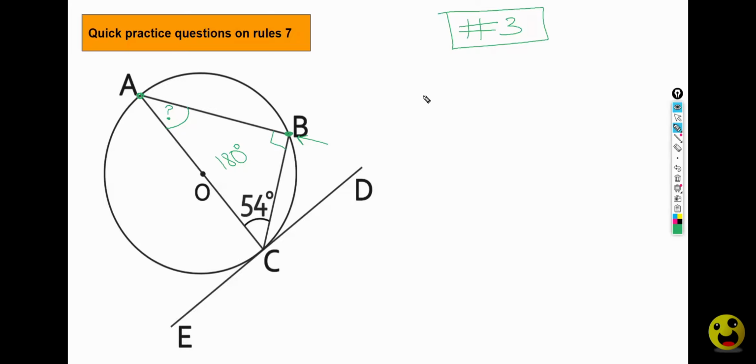So to find angle A, you take the 90 and add it to 54. 90 plus 54 is 144 degrees. To get the remaining angle, you subtract the 144 from 180. You get 36 degrees. How many people were able to get to the 36 degrees over here? Raise your hands.